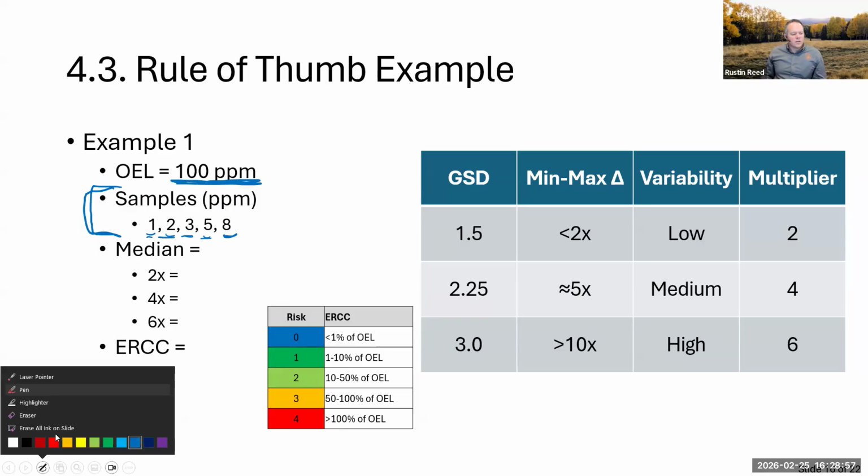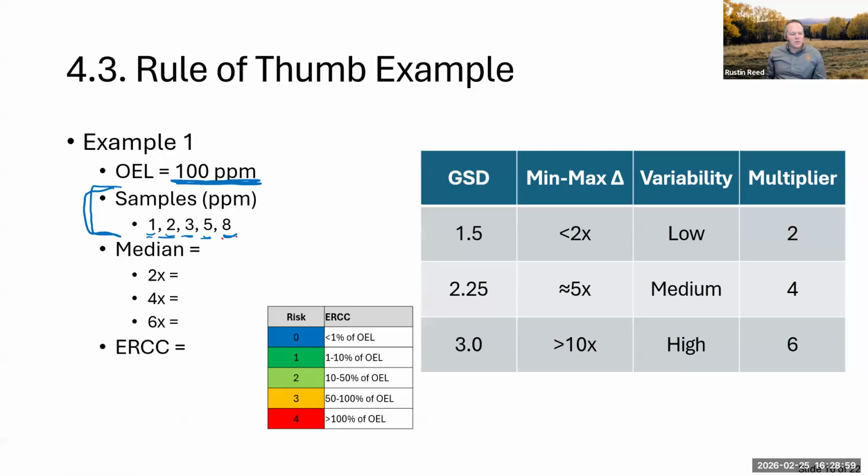One is we want to see where that maximum value is compared to our OEL. The last bullet point on the previous slide said if this value falls in a specific category, then our final selection cannot be a lower number.